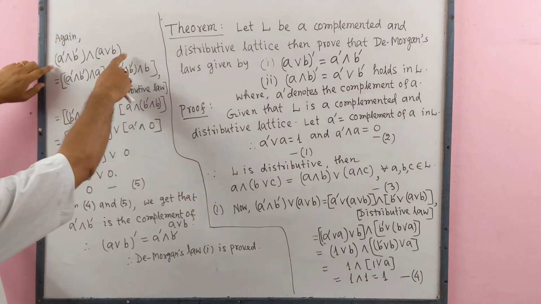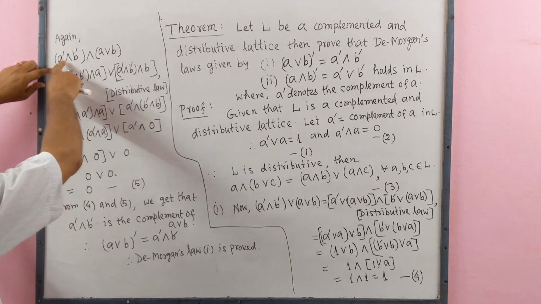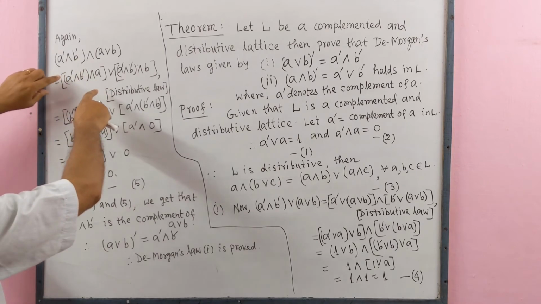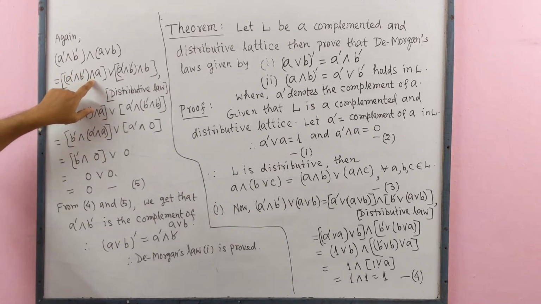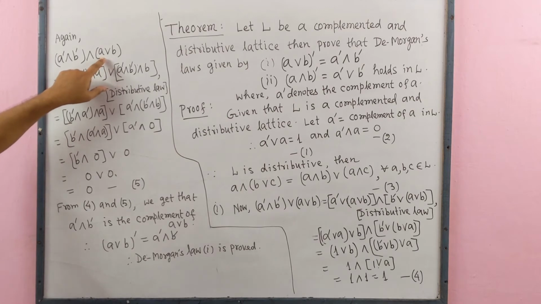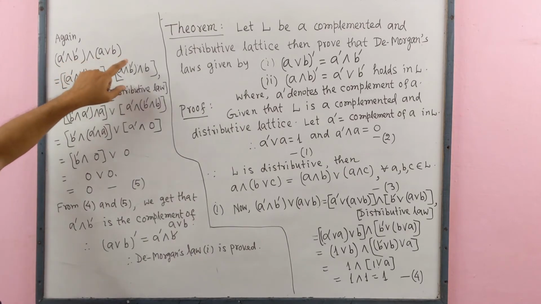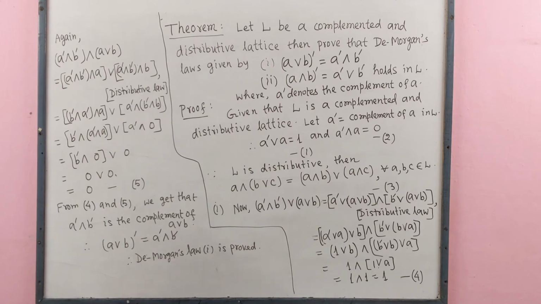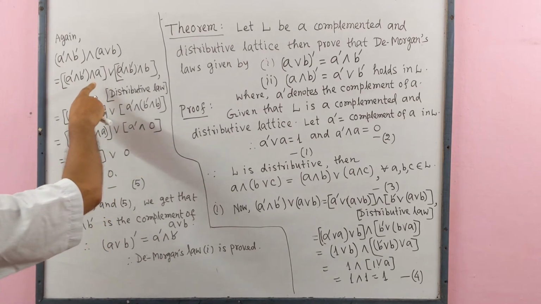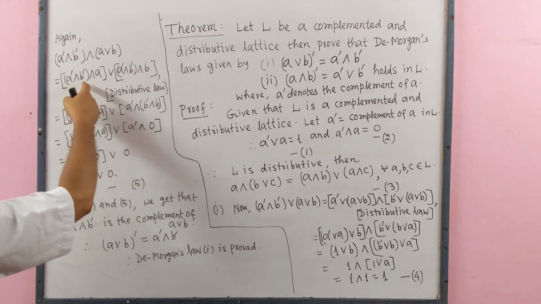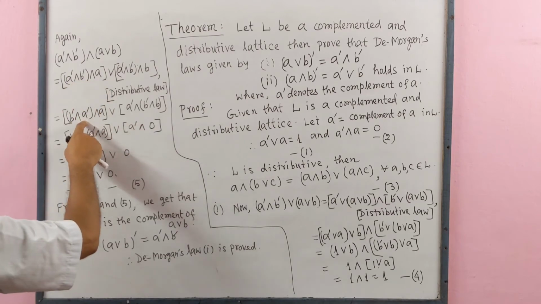So this equals (A prime meet B prime) meet A, then join (A prime meet B prime) meet B. Now here we use the commutative law, A prime meet B prime equals B prime meet A prime.